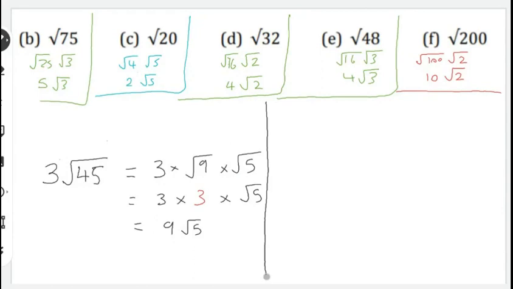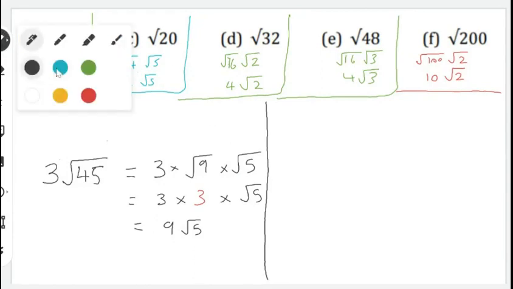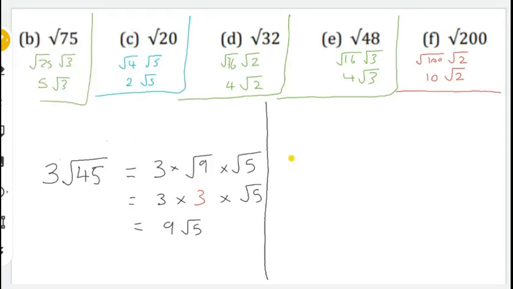Does that make sense? Yeah. So then how will you go about doing this one? You would do 10 times square root of 4 times square root of 2.